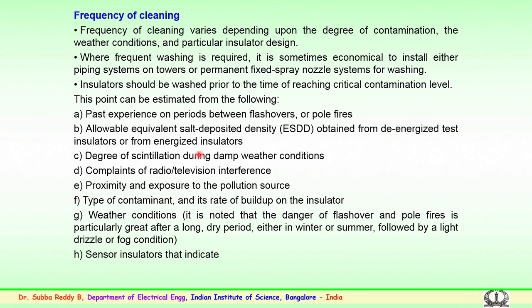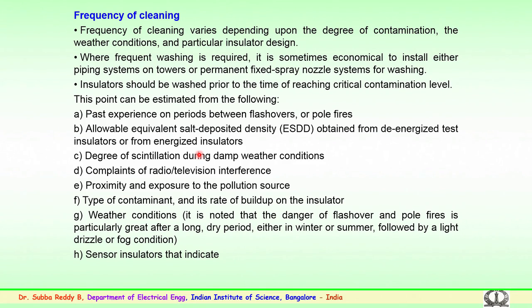Degree of scintillations or partial arcing during fog, wet or mist conditions, that is the damp weather conditions. Complaints about radio or television interference, RIV, which are caused during that period or at that location.